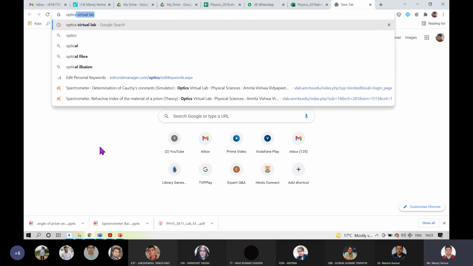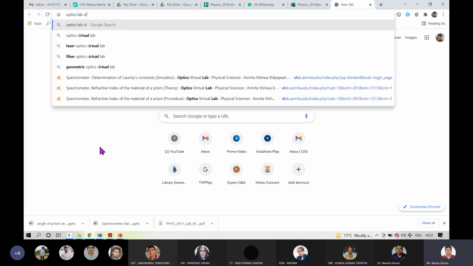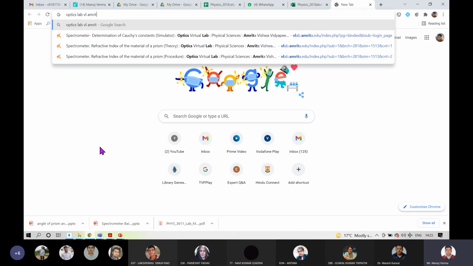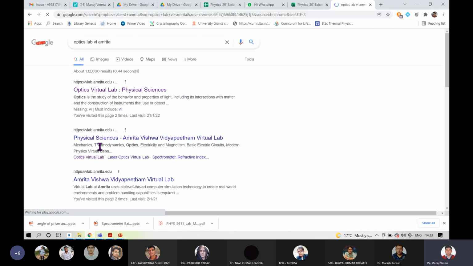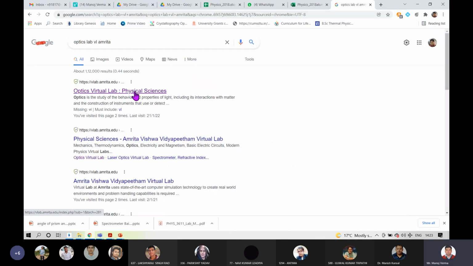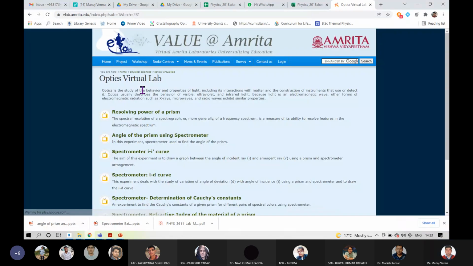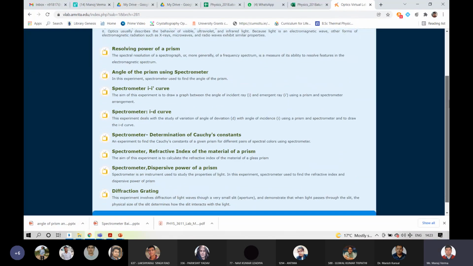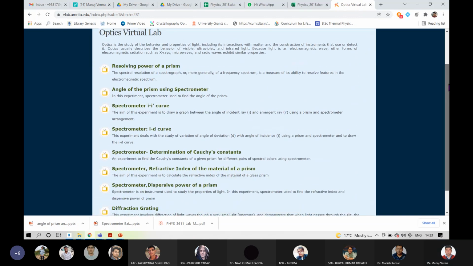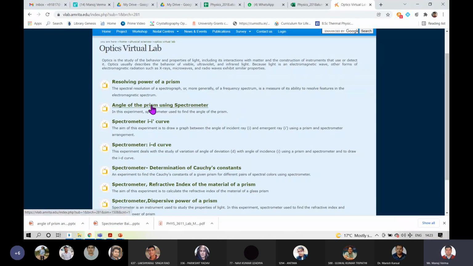You can type optics lab VL Amrita, virtual lab Amrita. On the first result you will see optics virtual lab physical science, right? On this page you can see there are a lot of experiments which we will be performing. Okay, so I will take some basic experiment. Angle of prism using spectrometer is a basic one.